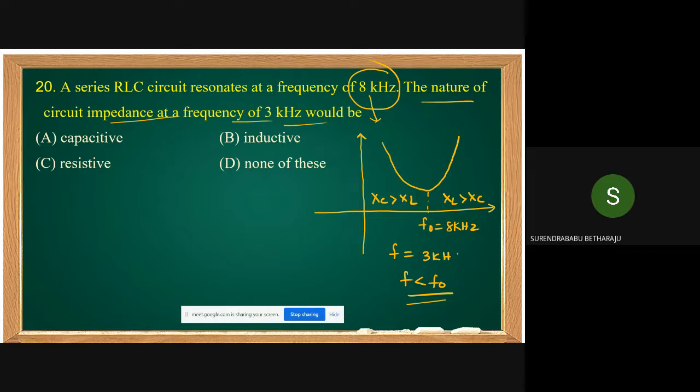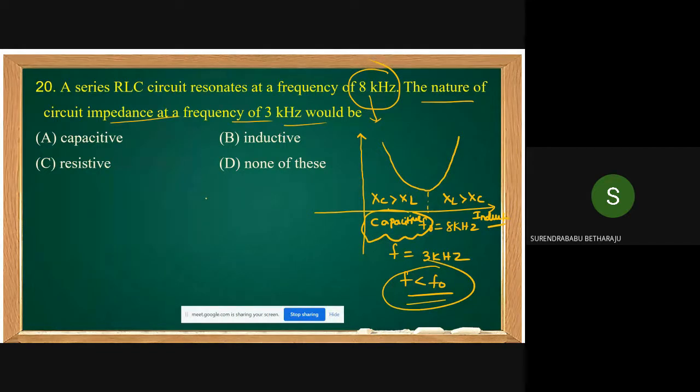Then this frequency 3 kHz is less than the resonating frequency. On which side does it come, capacitive side or inductive side? Xc greater than XL means capacitive is more dominant. Then what is the nature of the circuit? Capacitive.